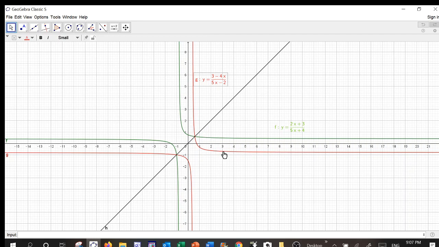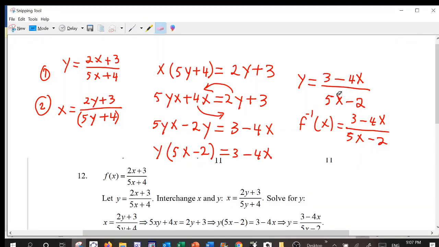So they are actually symmetric with respect to y equals x, and that is always the case. All right, so let's continue. That was number 12. So let's do one more.